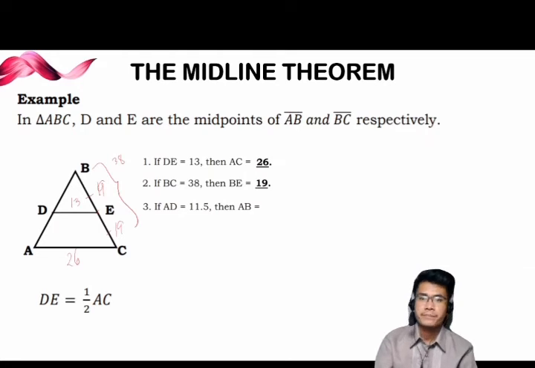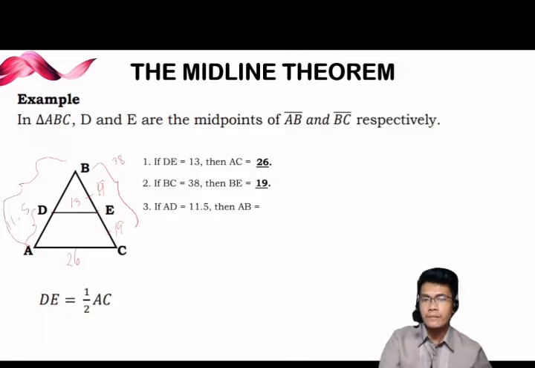Number 3. If AD is equal to 11.5, where is AD? AD is a segment, part of the side BA. And this is DA or AD, and that's 11.5. So we have to find the measure of side AB. Once again, point D is a midpoint. Therefore, point D divides the side AB into two equal segments.